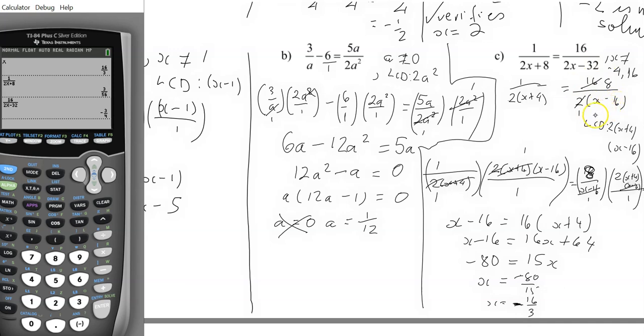That's an x minus 16. We've got a 2, we've got an x plus 4, we've got an x minus 16. Yeah, the 2's are gone, the x plus 4's are gone. We just have an x minus 16. Okay, so we have an 8 over x minus 16 times 2 times x plus 4. So 16, 16x plus 64.